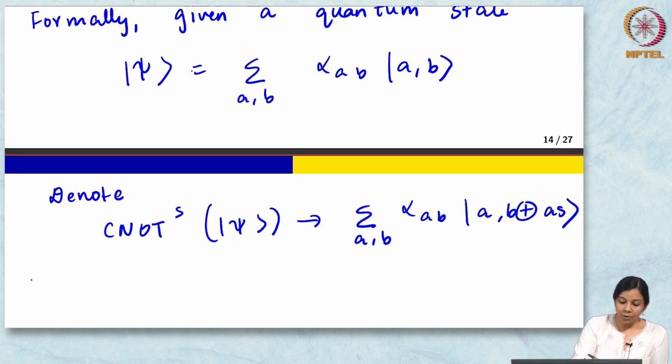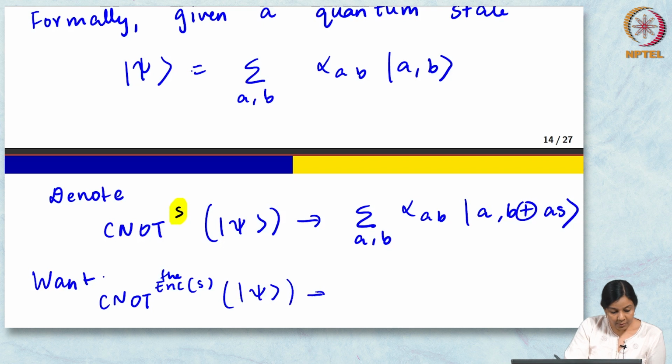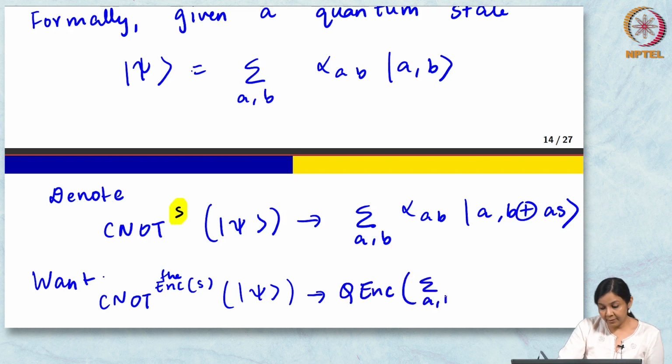What we want is that I want to be able to put this in a box, right. So, I want to have C naught enc of S, this is FHE enc of S psi, going to quantum enc of the above state.